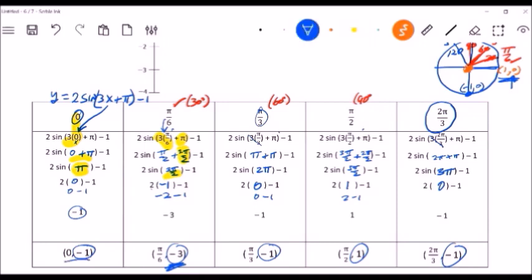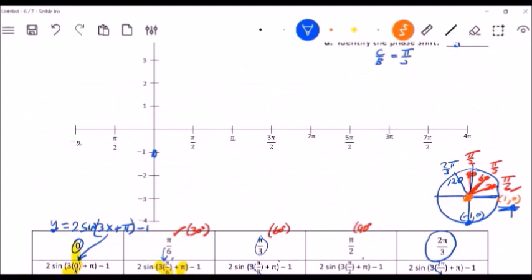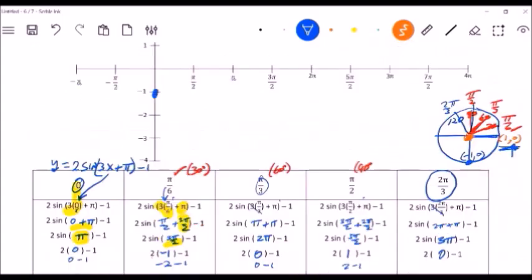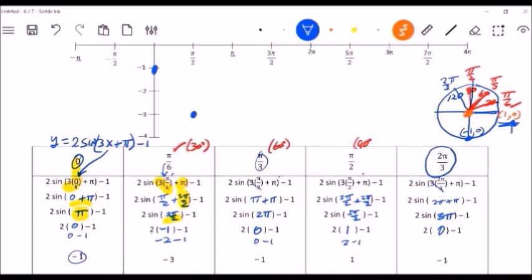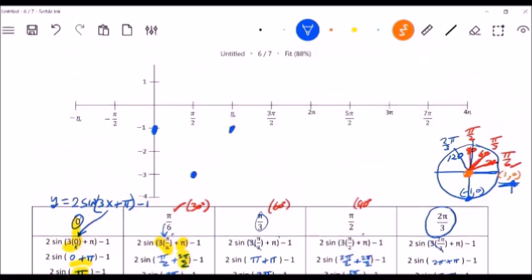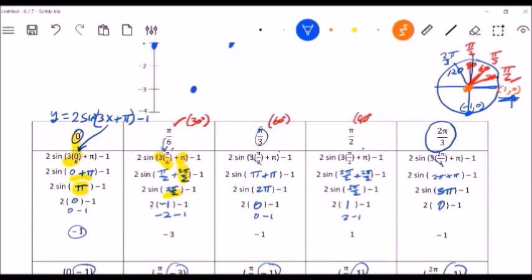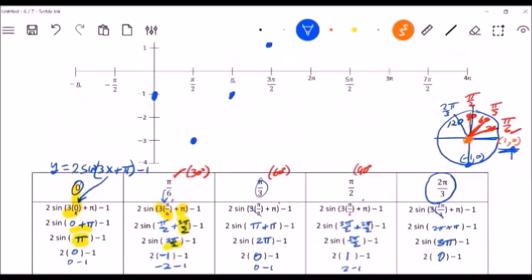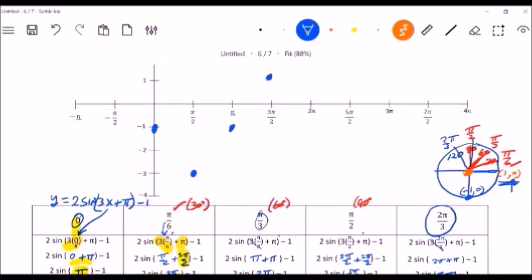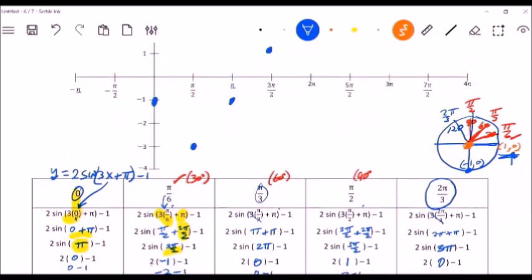Okay. So 0 and -1. Pi over 2 and -3. Pi and -1. 3 pi over 2 and 1, so I'm up here. And 2 pi, let's see, wait a minute, hold on a second, I've got a problem.